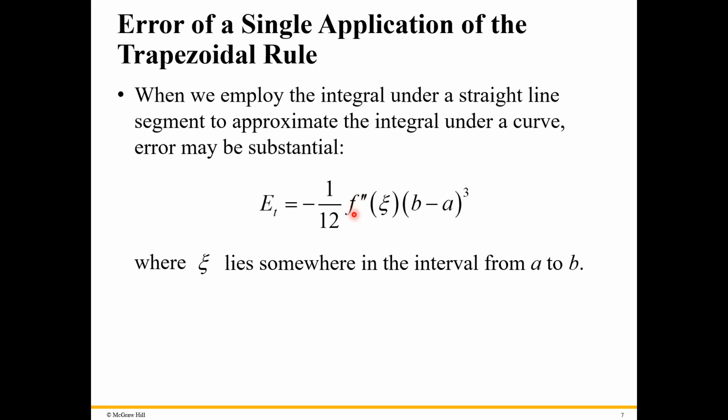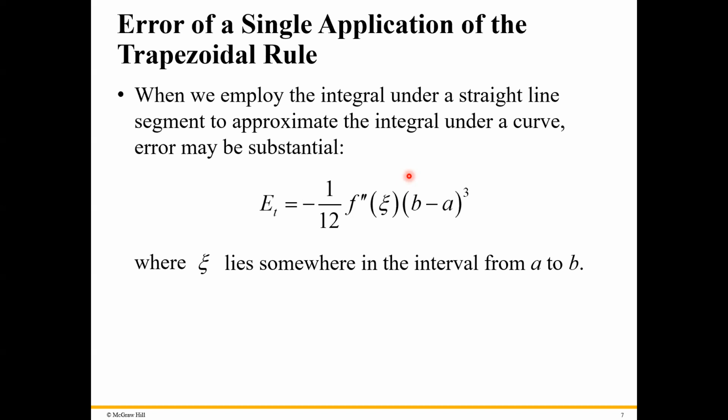The first derivative will be a constant, and the second derivative will be 0. So the trapezoidal rule represents it exactly, and the error will be 0 when the function is linear.